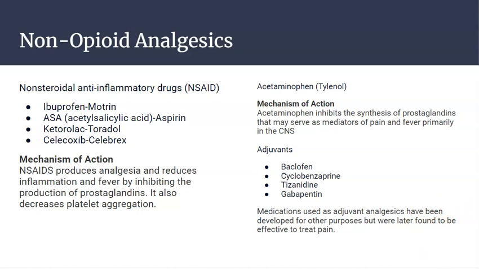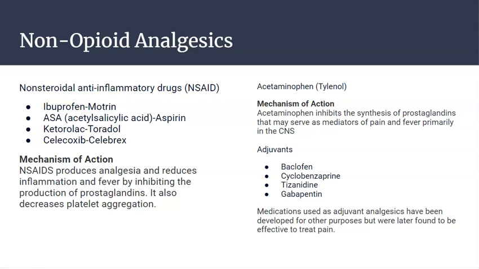The other medications are called adjuvants, and when I think of the word adjuvant, it adds to it. It adds to that pain relief. The four included in your book are baclofen, cyclobenzaprine, tizanidine, and gabapentin.